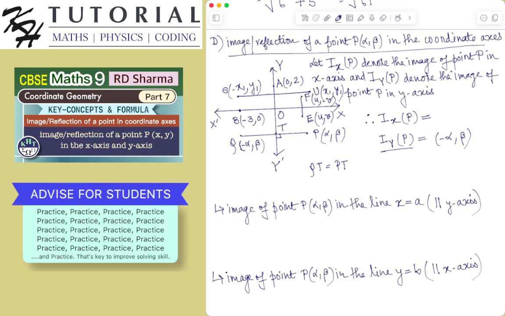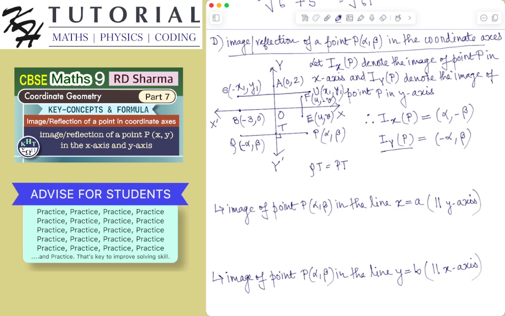Okay. So now I subscript x P means the image of the point P in the x-axis. So if the coordinates of the point P are alpha comma beta, then the coordinates of its image in the x-axis will be alpha comma minus beta. Now I am not trying to provide any formula.